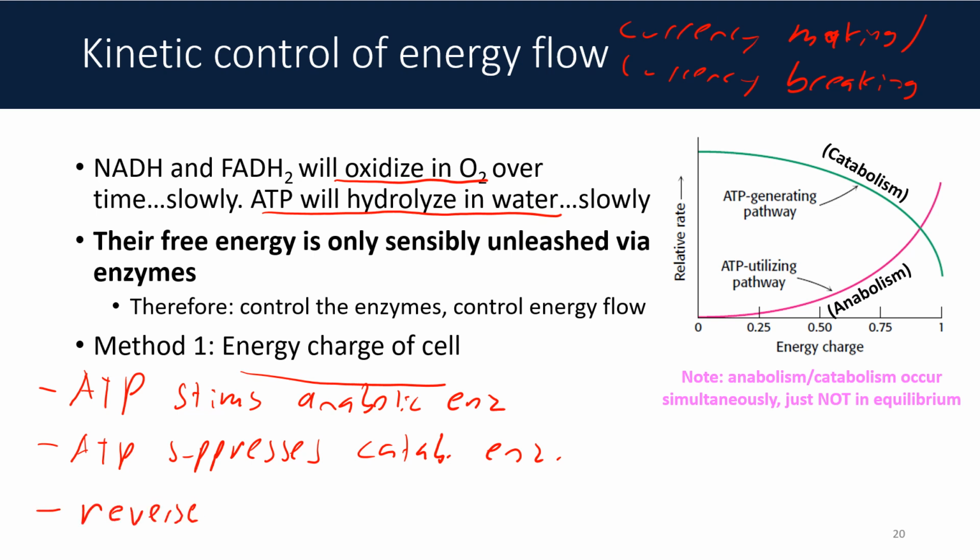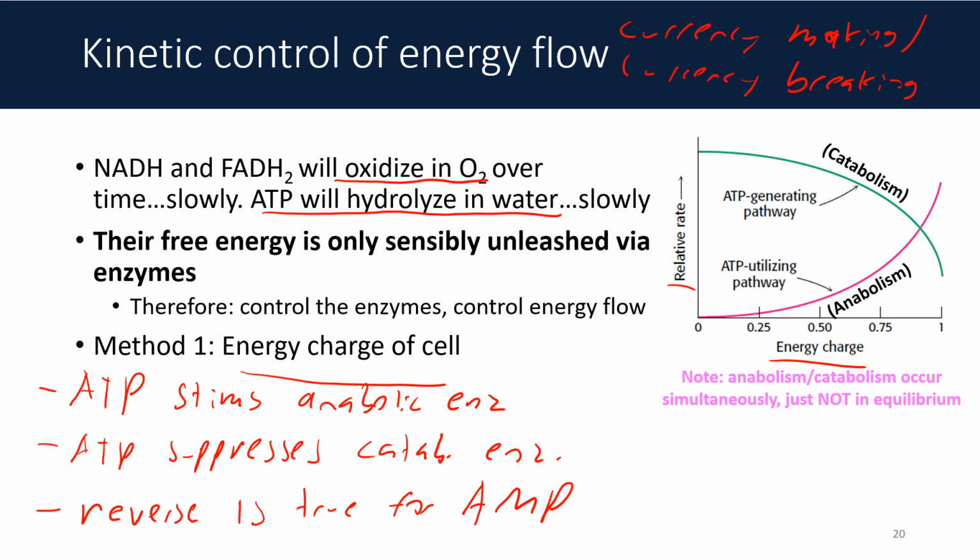The reverse is true for AMP. AMP will stimulate catabolic enzymes, and AMP will suppress anabolic enzymes. And you can get a visual of that in this following plot, where we measure the relative rate of catabolism and anabolism as a function of energy charge, or the ratio of ATP to everything else.